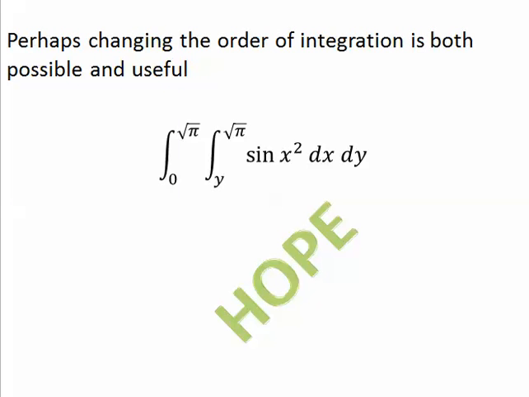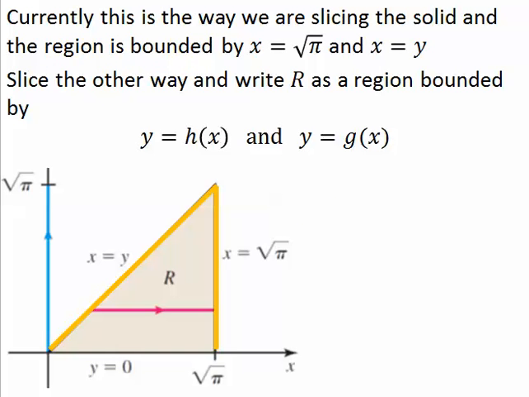Perhaps changing the order of integration is both possible and useful. Currently, we have x written as a function of y, and we are slicing perpendicular to the y-axis. Perhaps we can change that.